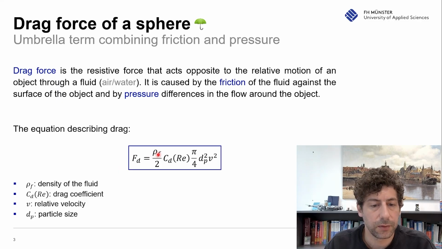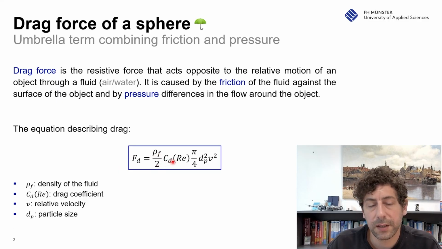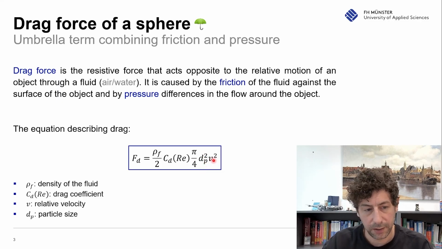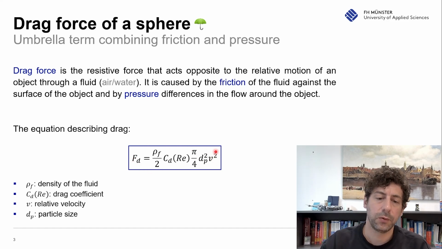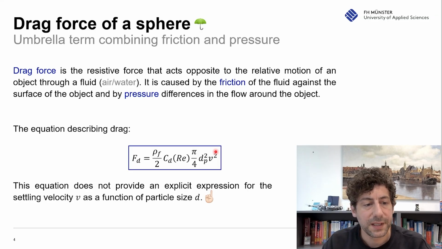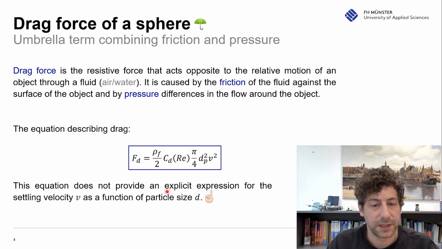And the general equation of drag force is shown here. So the density of the fluid divided by 2, and then this is the important part, the drag coefficient as a function of the Reynolds number, and here we have the cross-sectional area of the sphere and the relative velocity between the particle and the fluid, squared. If you take a look at this equation, and we already solved it for different assumptions in previous videos, we see that it does not provide an explicit expression for the settling velocity as a function of particle size.